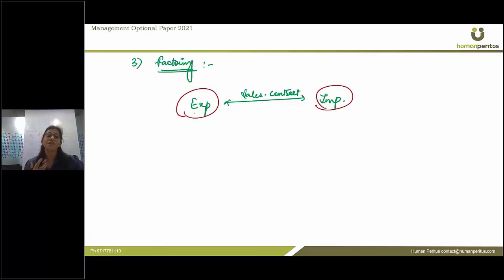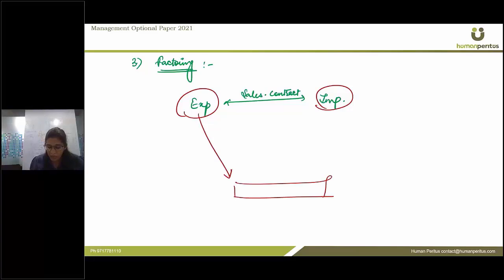But again, the exporter may want the amount before the maturity date or the due date arrives. So the exporter can approach a third party financing agency, which we call a factoring agency, or a factor.